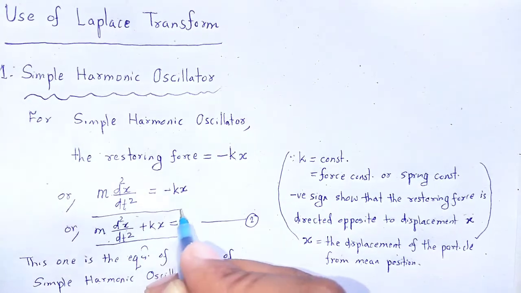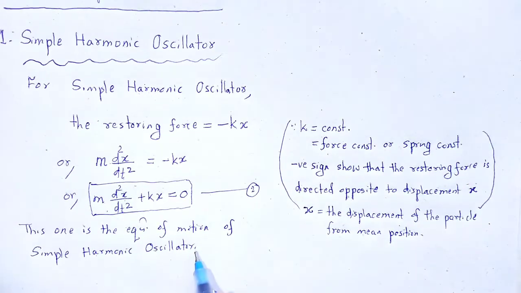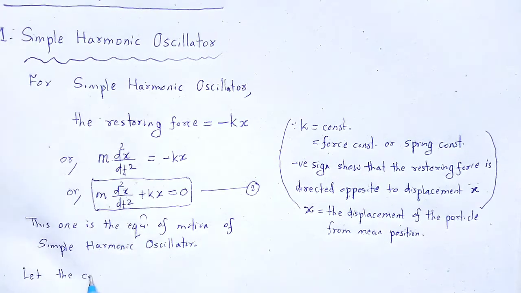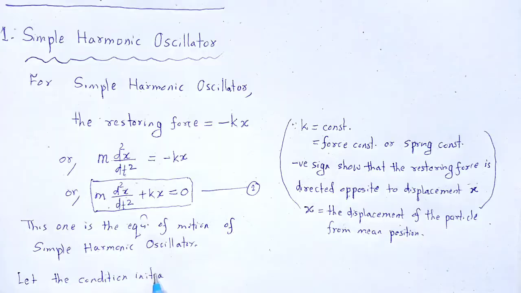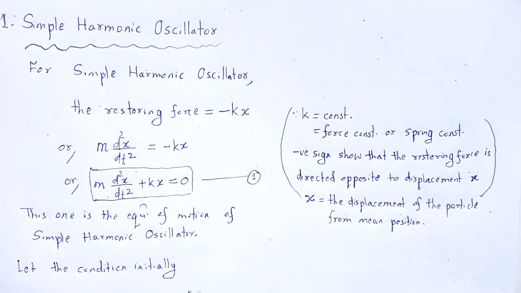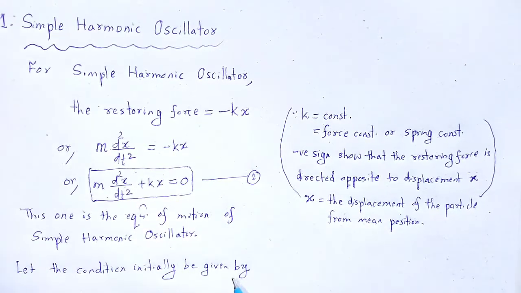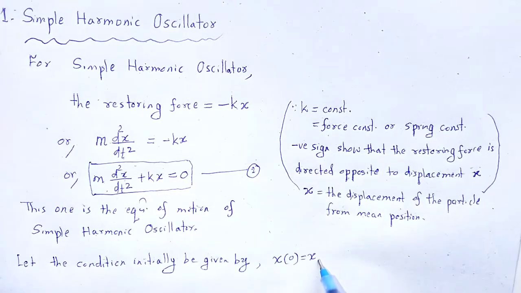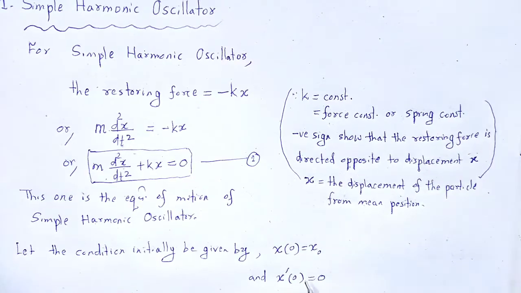And let the initial conditions be given by x at 0 is equal to x naught, and its first order differentiation x dash at 0 is equal to 0.